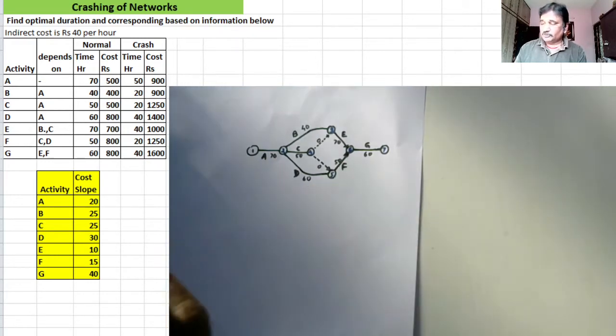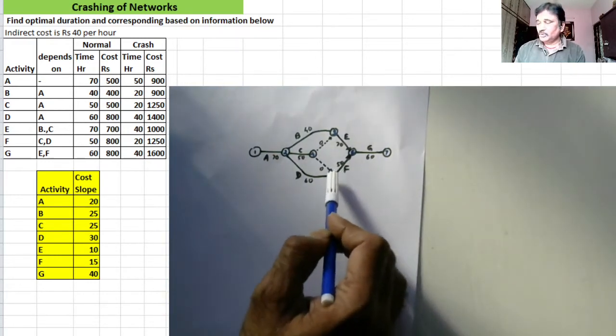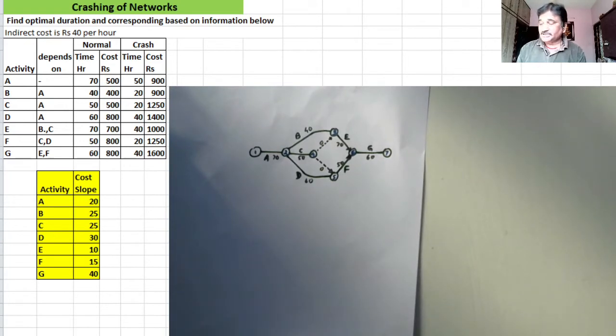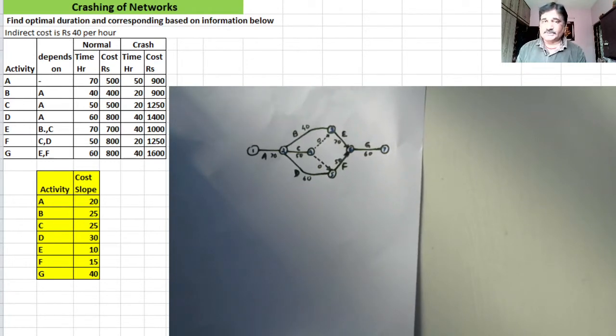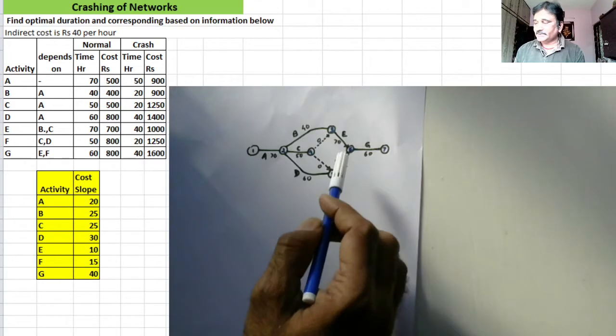But in that case, this node would have represented completion of activities B, C, and D together. But I want the completion of activities C and D to start activity F.